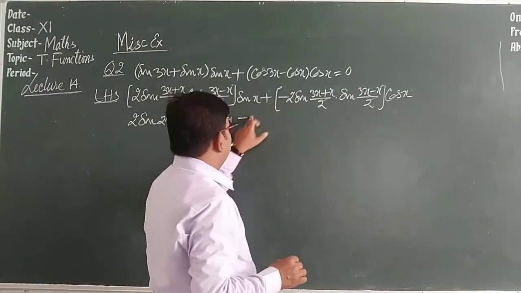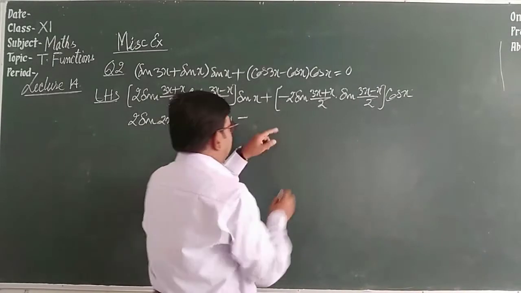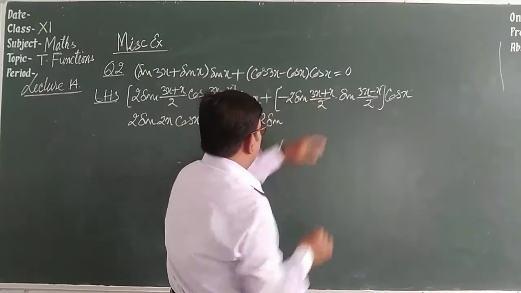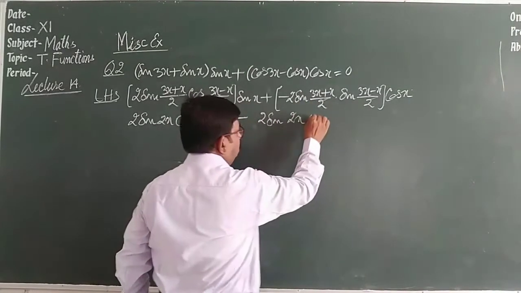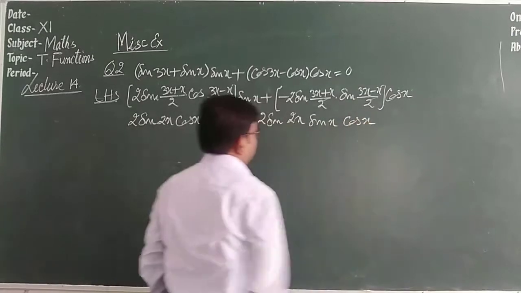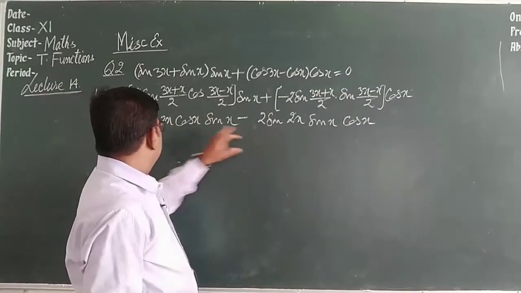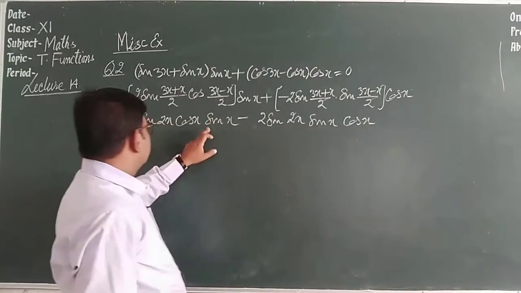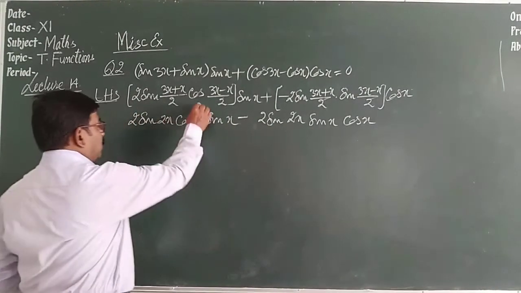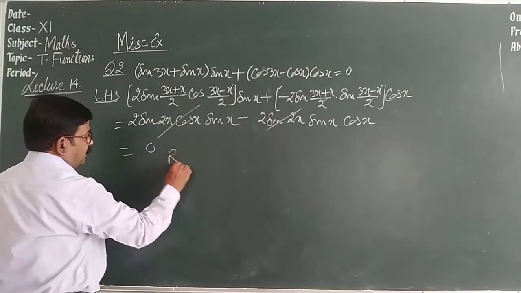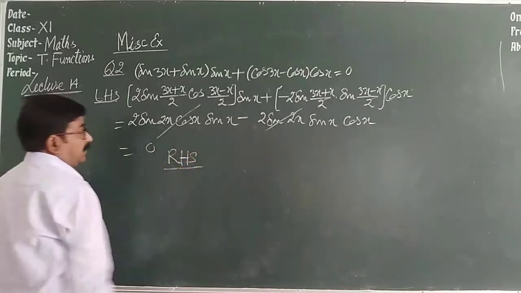Minus, this minus sign comes out, minus 2 sin 2x sin x cos x. This sin 2x is here, cos x is here, sin x is here, plus and minus cancel, so it becomes 0, which is the result of the right hand side.